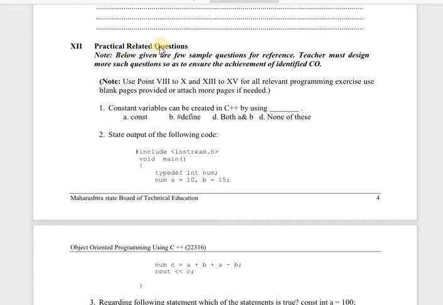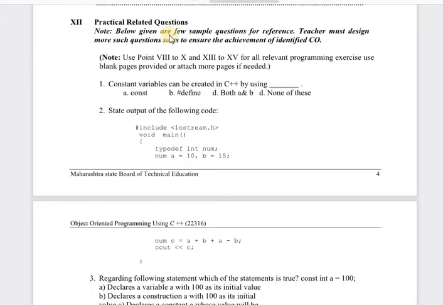So practical related questions. These are the practical related questions, and at the time of practical we have to solve this. So see here, the first question is: constant variables can be created in C++ by using the correct hash define.